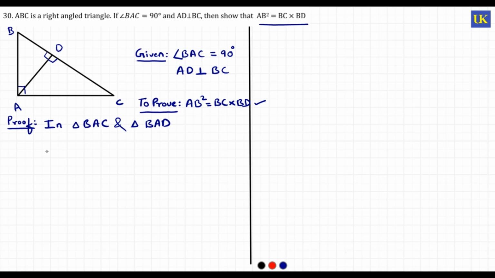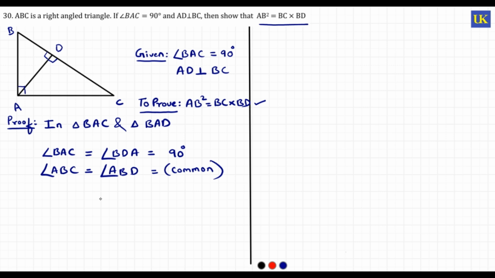So I can say that angle BAC is equal to angle BDA, because both are 90 degrees. Then angle ABC is equal to angle ABD, because this angle is common in both the triangles, so naturally it will be equal.